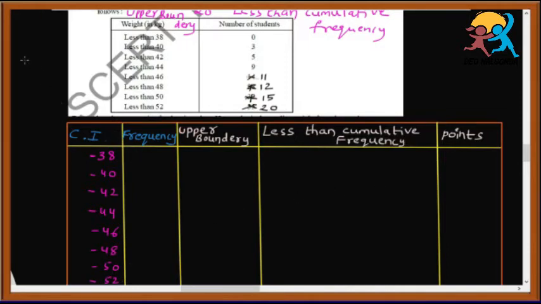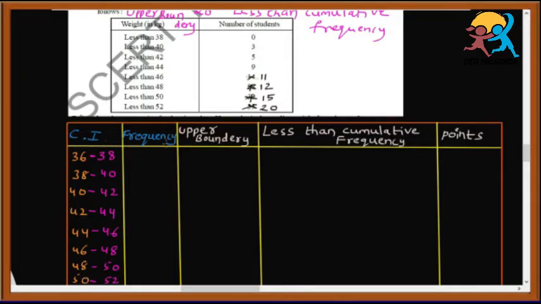Observe, the difference is 2, so the first class interval's lower limit will be 36. Just observe: 36, 38, 40, 42, 44, 46, 48 and 50.